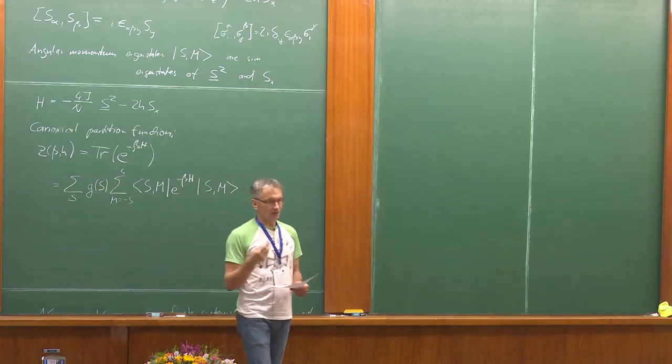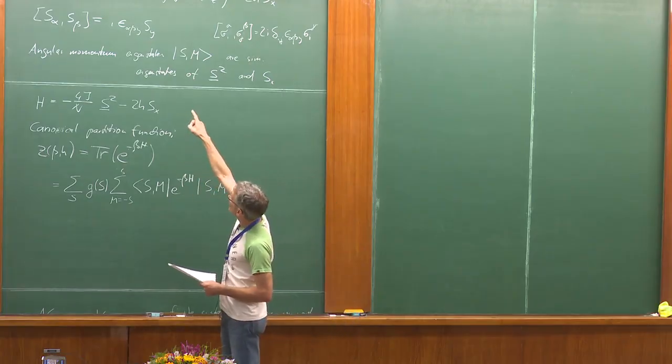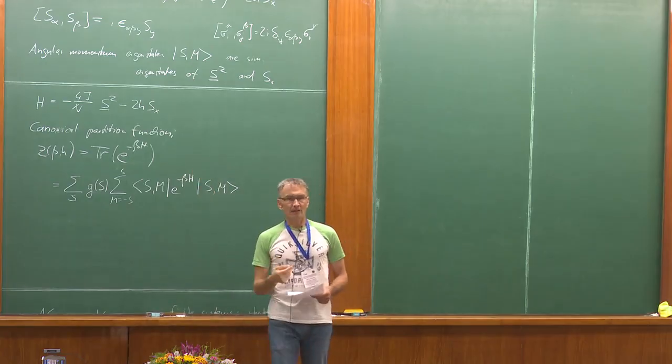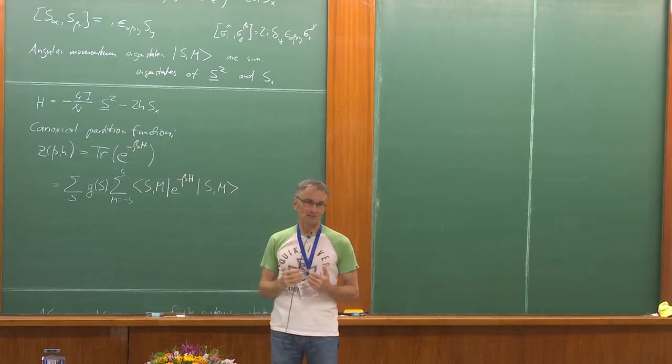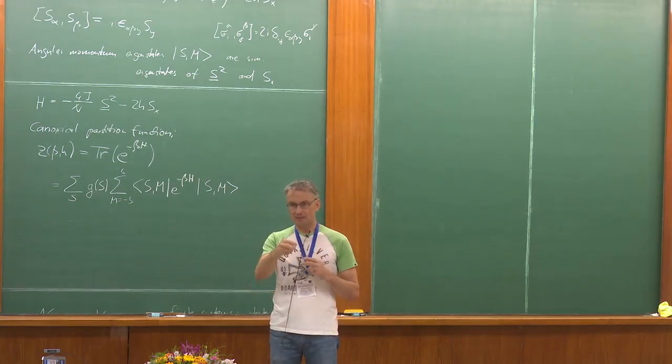So where does it come from? We said here that what we have is many spin 1/2s and we combine them together into longer spins. And then there are multiplicities in how many ways you can combine these into the longer spin.